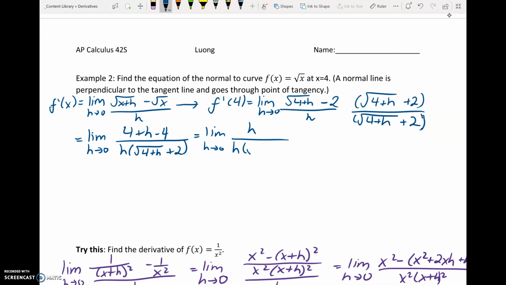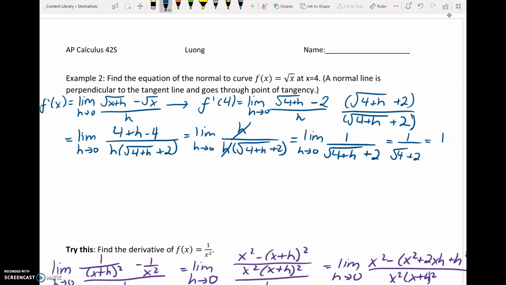You can now see we can cancel the h top and bottom. And then we'll evaluate this limit. So we're left with 1 over root 4 plus 2, which is the same thing as saying 1 over 4. So that is your m tangent.